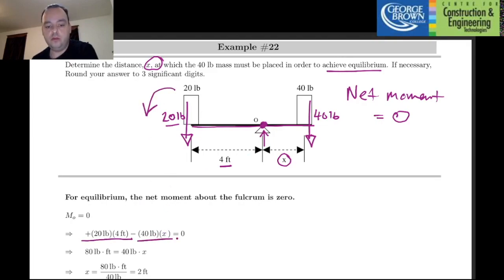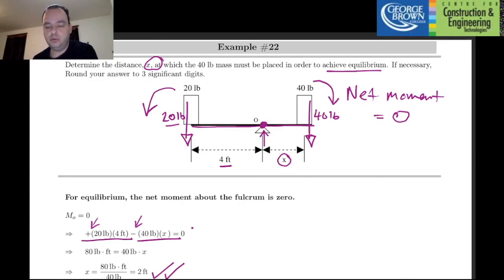And the 40-pound force is inducing a clockwise moment as indicated on the figure. It's very important that you keep track of the signs. Notice that the minus sign here is going to be very important algebraically to produce a positive answer for x. And the numbers are very simple here.